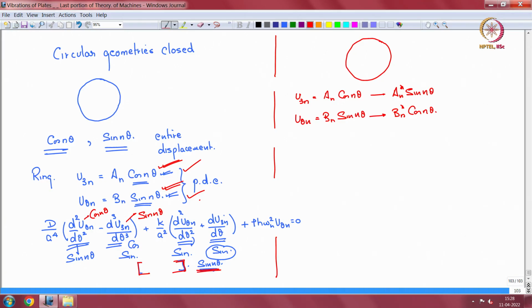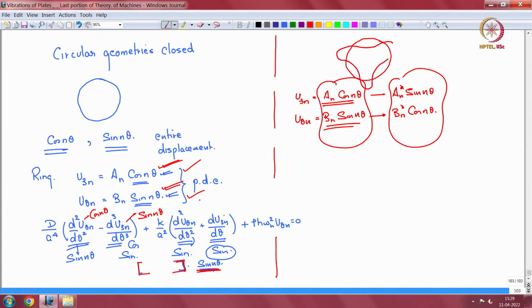Okay. So this and this form one part of the mode, and this part forms the other part of the mode. So they must be considered. Otherwise you will not be able to represent the full displacement in the theta direction. I showed this last time. Okay.